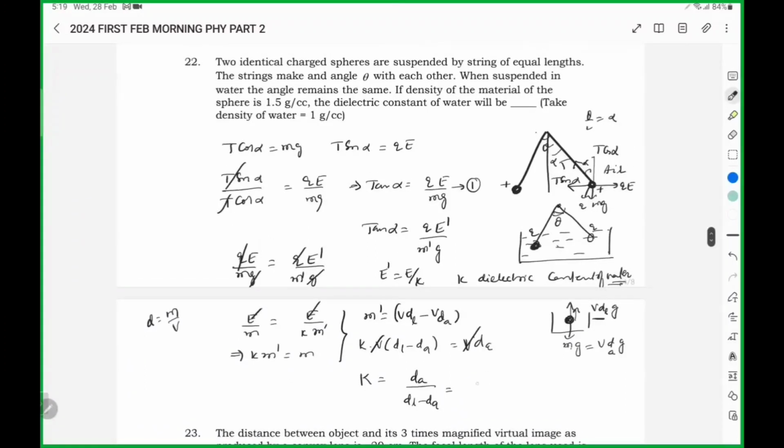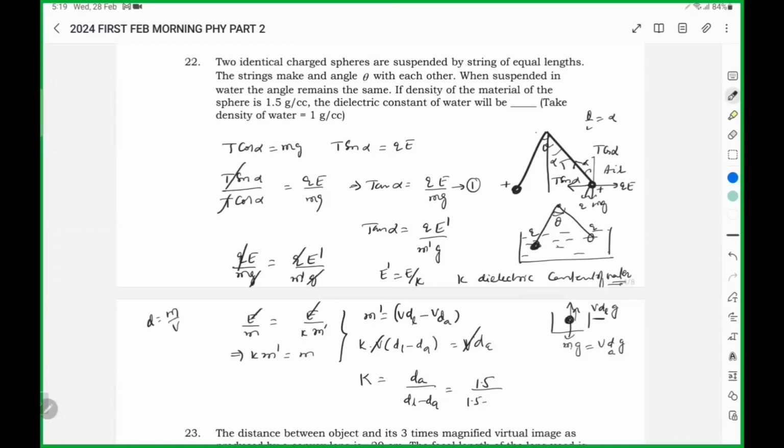So density of the sphere is 1.5 gram per cc. Density of water is 1.